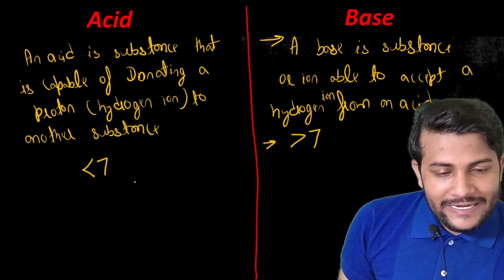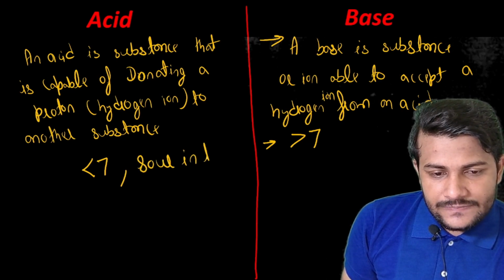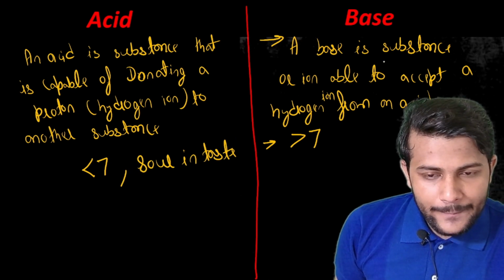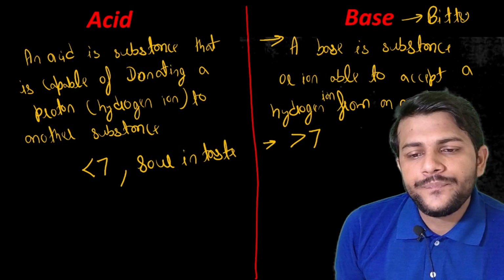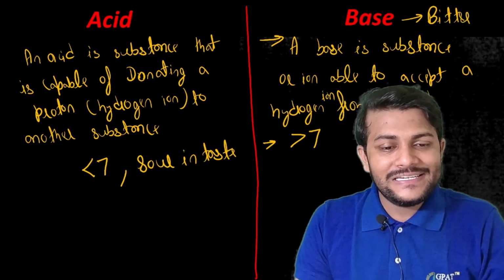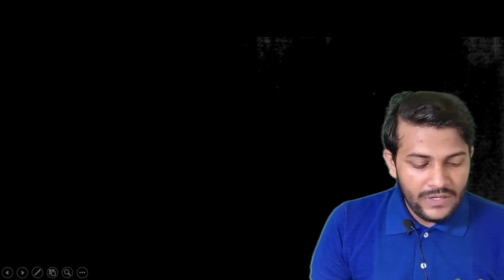Acids are sour in taste, whereas bases are bitter in taste. B means base, B means bitter. So bases are bitter in taste, having a pH value greater than 7. Acids are sour in taste, having a pH value less than 7.